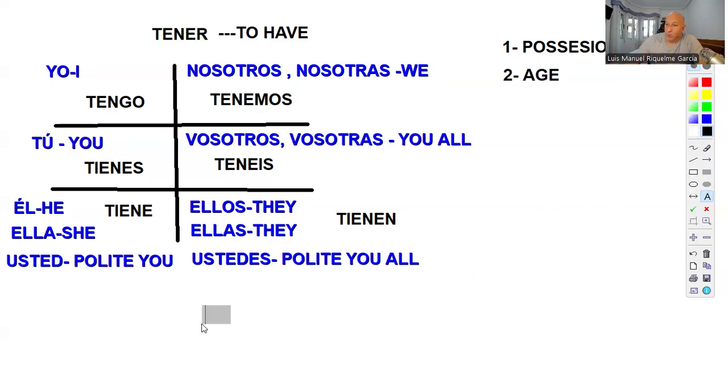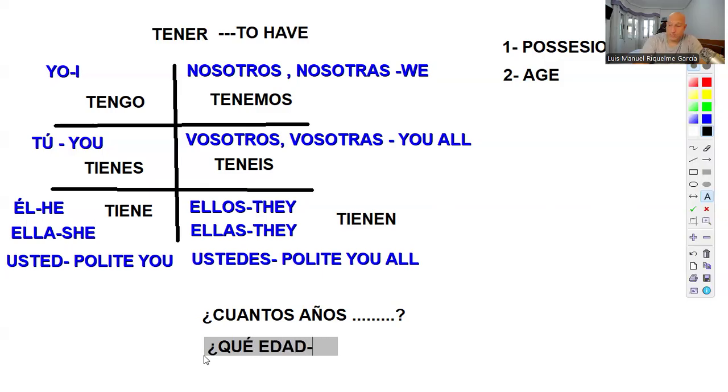But in Spanish, what we will always ask is ¿cuántos años? Or we can also ask ¿qué edad? What age? And after those 2 structures, the verb tener will always follow.